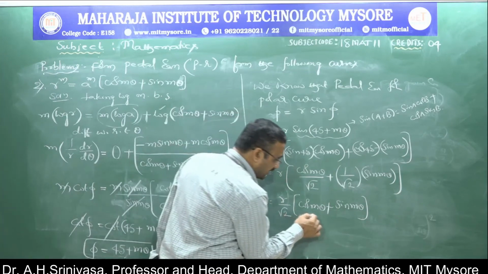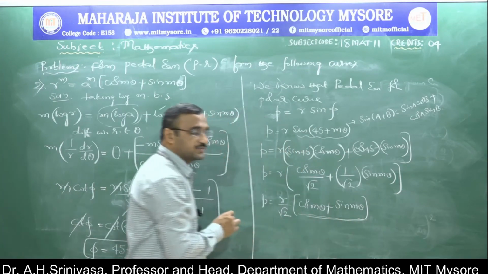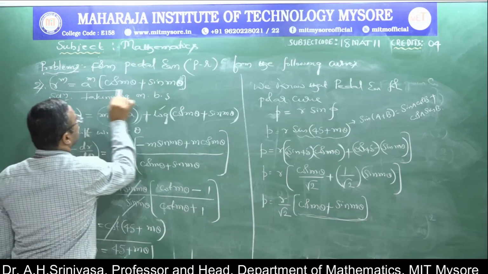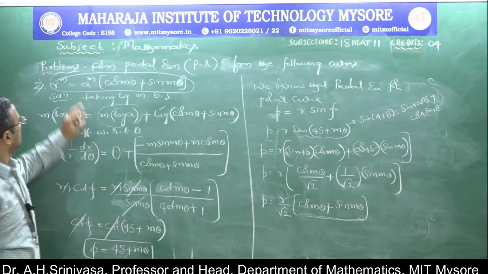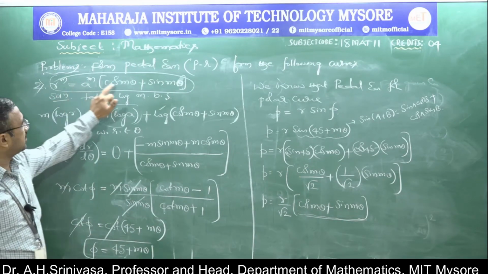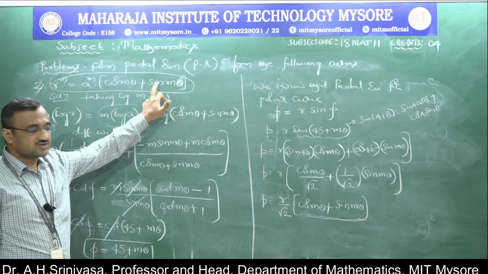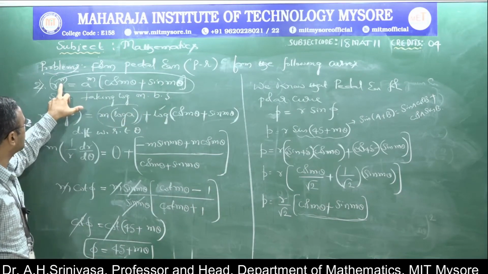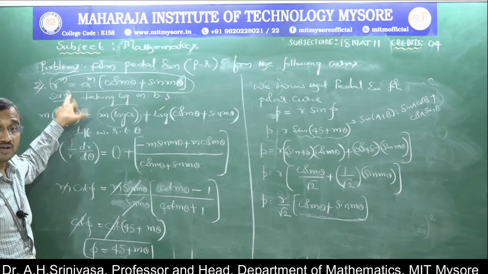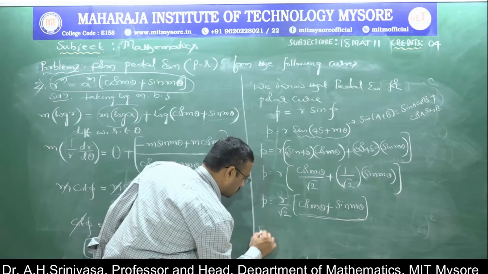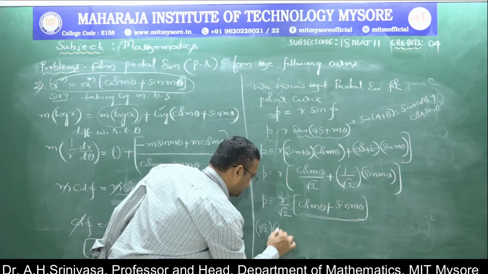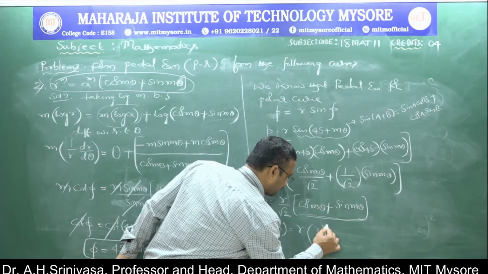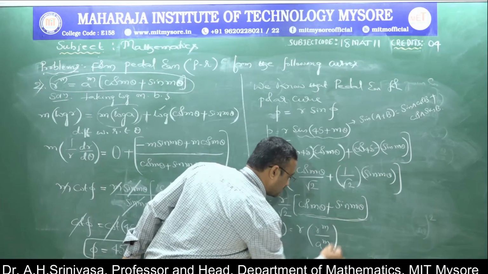Now we are going to eliminate this very easily by using the substitution from the given problem. What is the given problem? See here. R power m equal to a power m into cos m theta plus sin m theta. This is the substitution we have to use here now. In place of cos m theta plus sin m theta, we simply write r power m divided by a power m. So here root 2 into p should be equal to r power m divided by a power m.